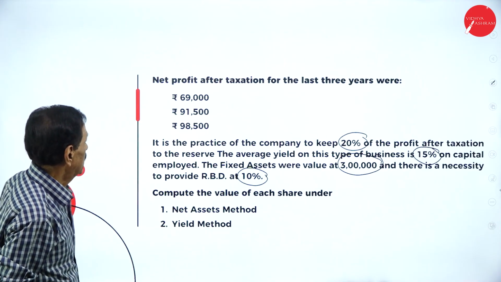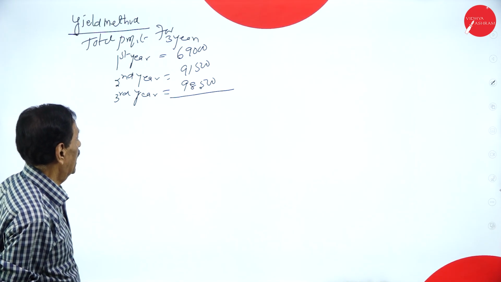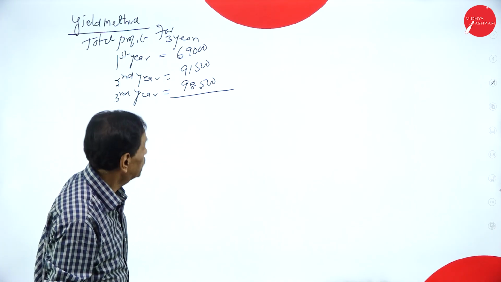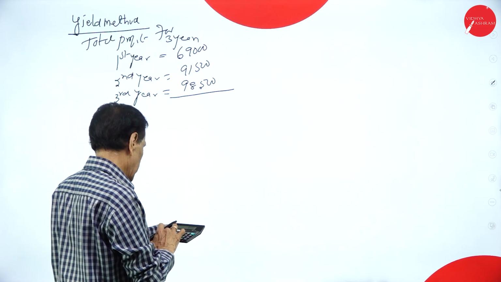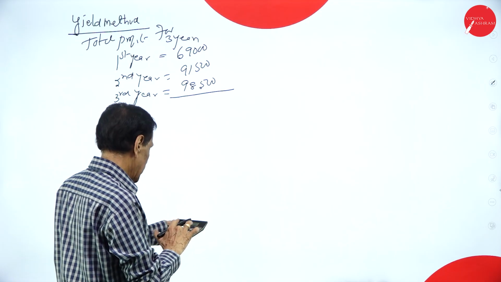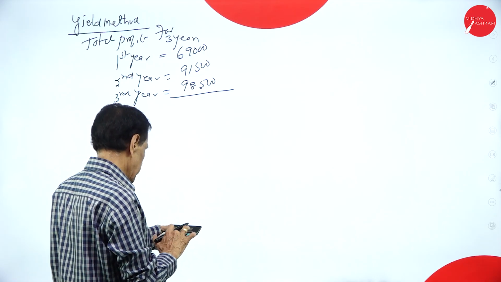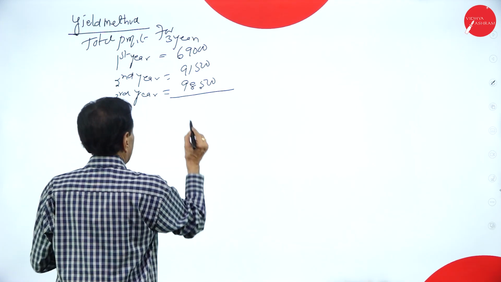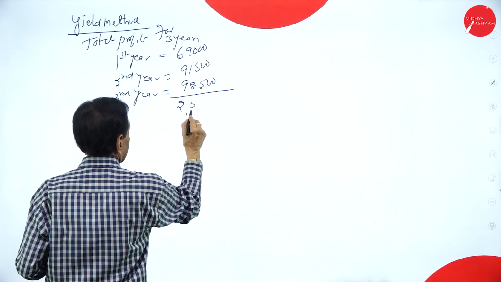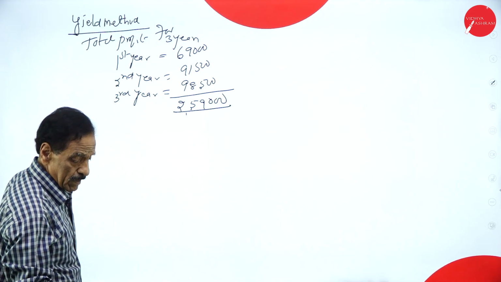So 69,000, 91,500, 98,500. Add 69,000 plus 91,500 plus 98,500 is equal to 2,59,000, the total profit.